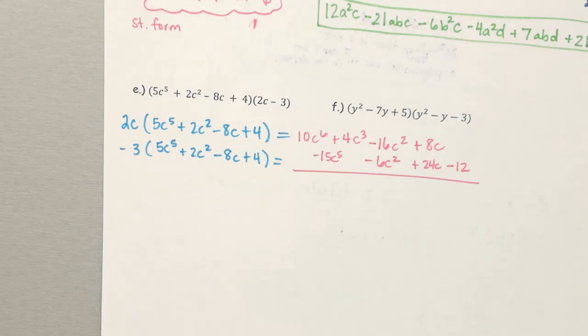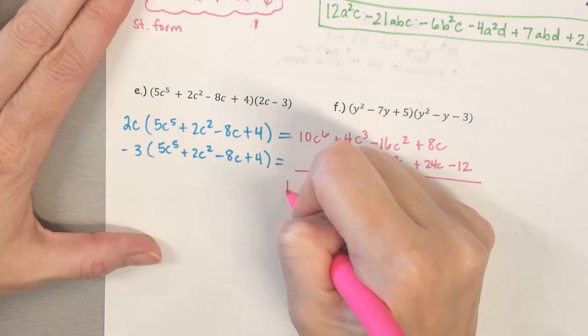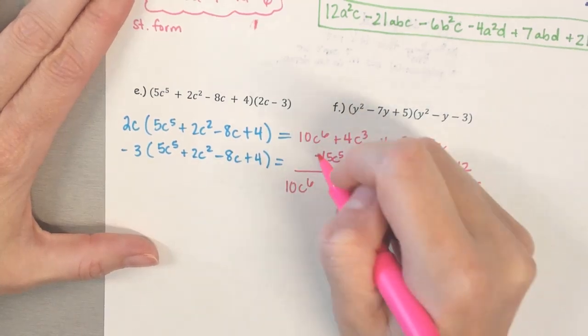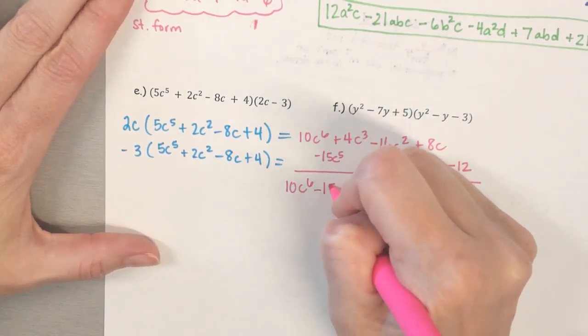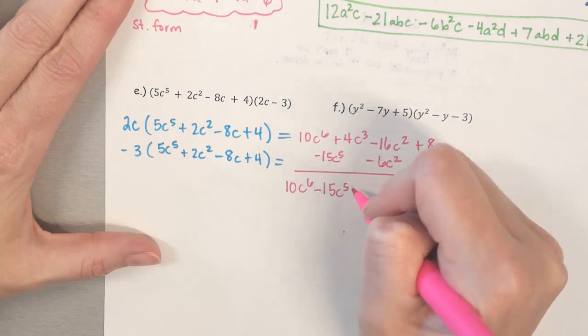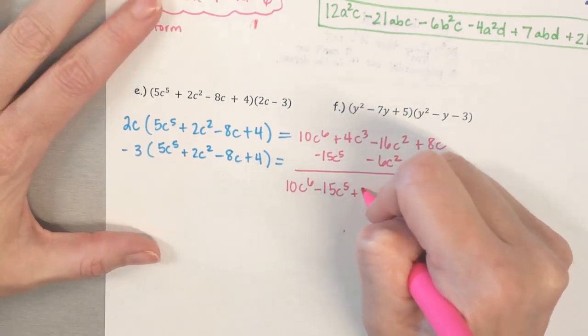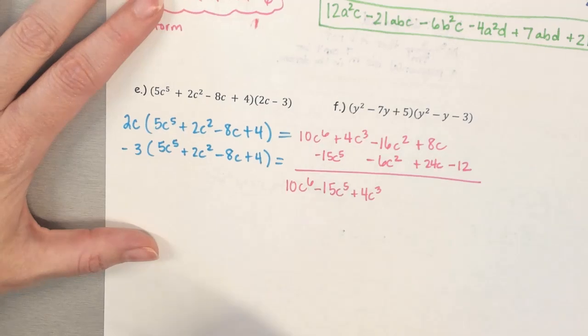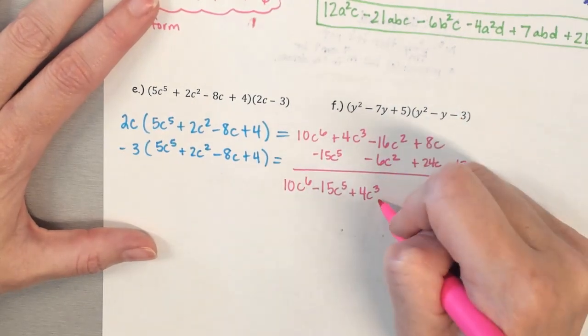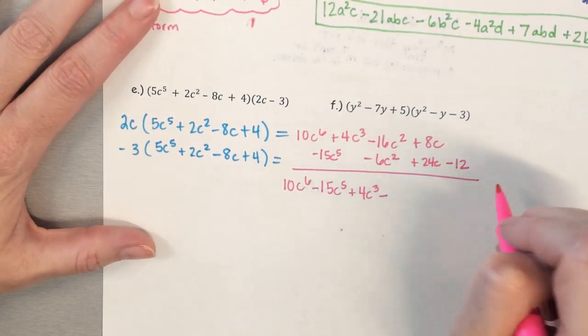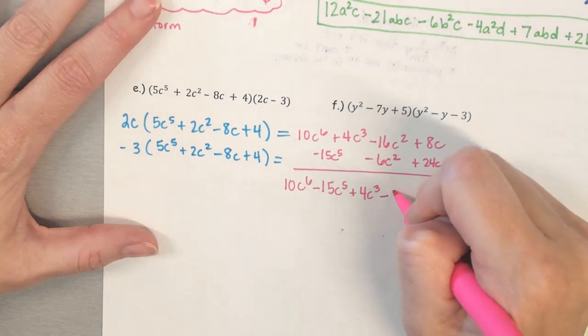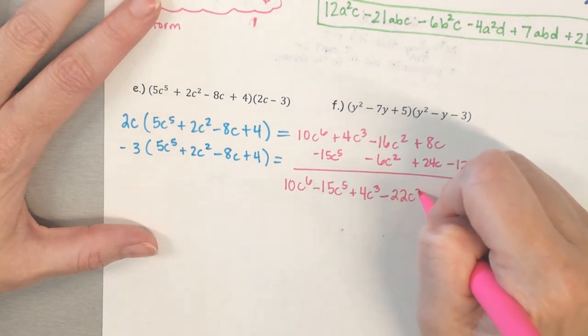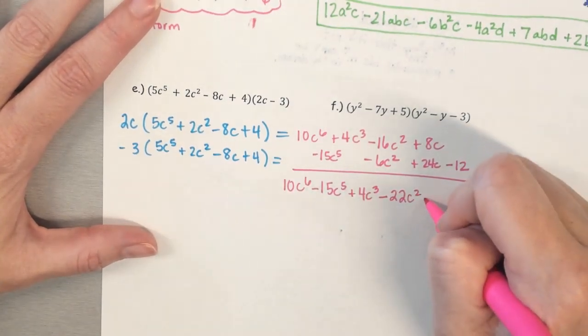All right, and then when you are adding straight down, you're switching gears a little bit because you just went from multiplying to adding. So nothing else is lining up with the c to the 5th or the 6th or the 3rd. So all of those just drop straight down. When you have two negatives, you add them together. So 16 and 6 is going to make what? 22. Good. 24 and 8.